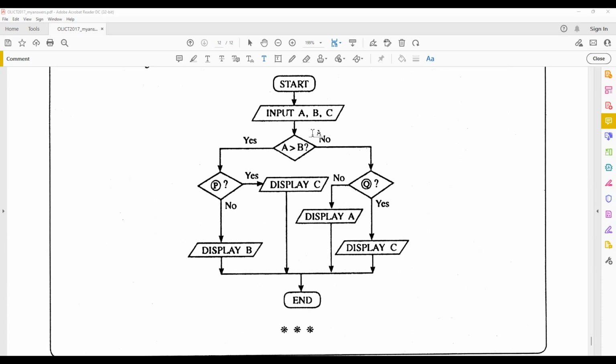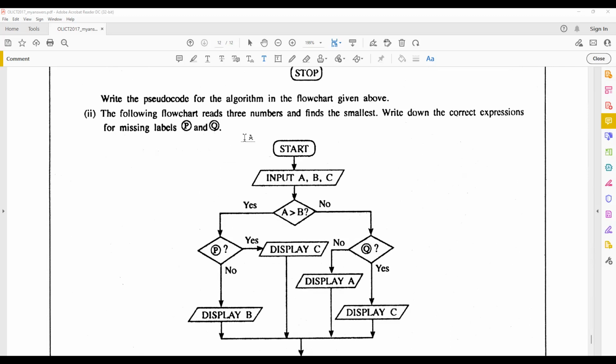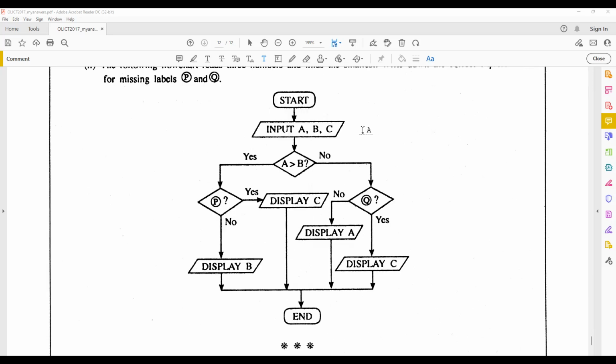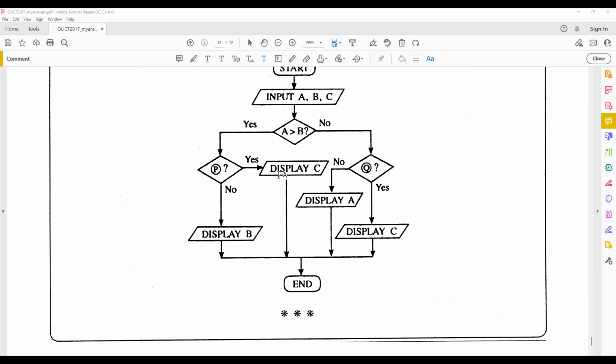We have 3 input statements, and then we are checking whether A is greater than B, yes and no. Then here it's between B and C, and here it is A and C. We are trying to find the smallest one, so C should be small or B should be small.